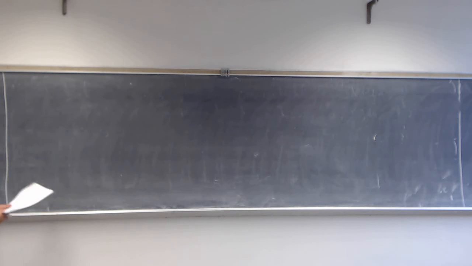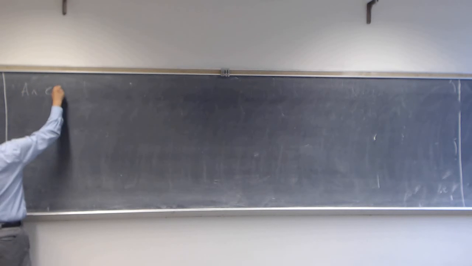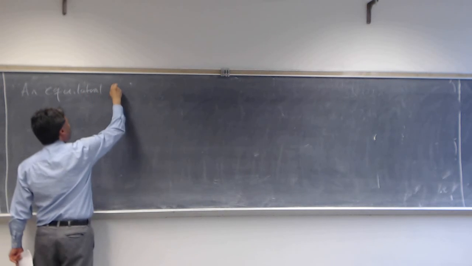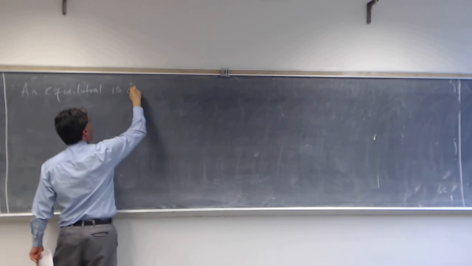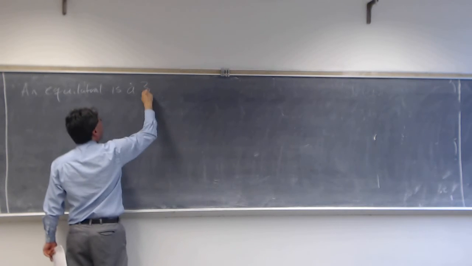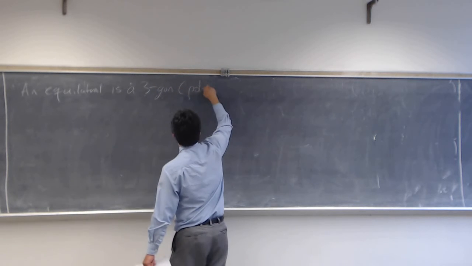Before I do that, let me just, maybe we'll call this bonus DVD material. It's not really in the notes yet, though we'll certainly come back to it later. But an equilateral triangle is a 3-gon in terms of a polygon.